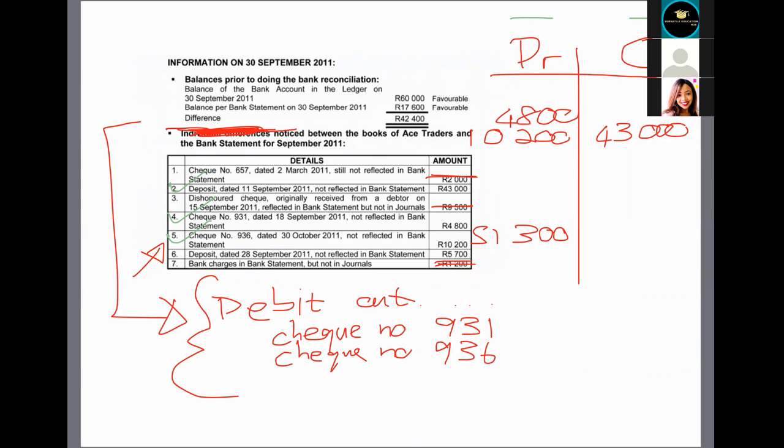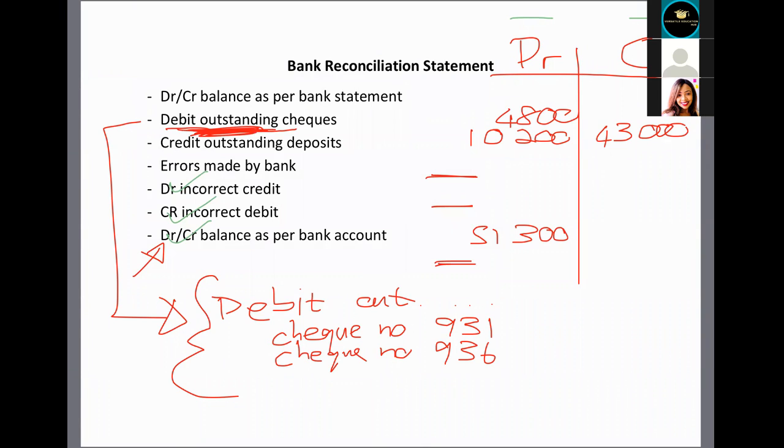It becomes more, right? So we're going to take that amount there and take it under credit outstanding deposits. And the amount was 5,700. So we're going to write underneath there, 5,700.